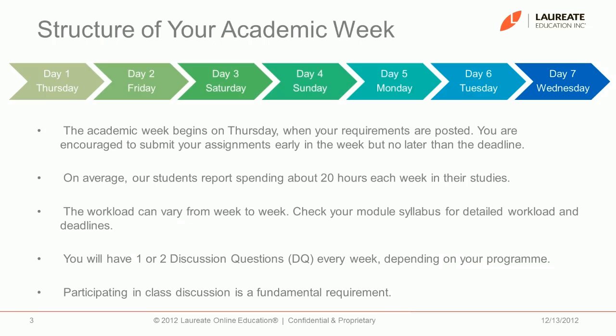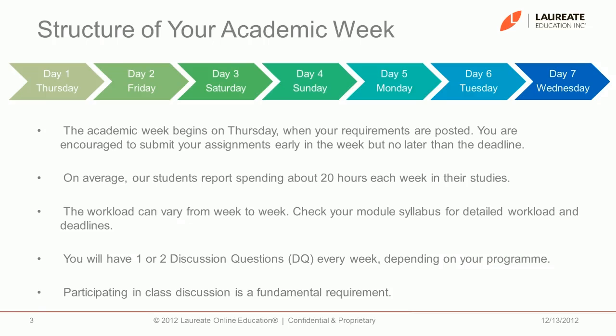And so that kind of falls into the second one, where your workload can vary from week to week. The best thing to do is to check out your syllabus, go ahead, print that off so that you'll know what you have to do each week, what days you have assignments, and this way you can plan ahead. Now, part of that is you will have 1 or 2 discussion questions every week depending on your program.